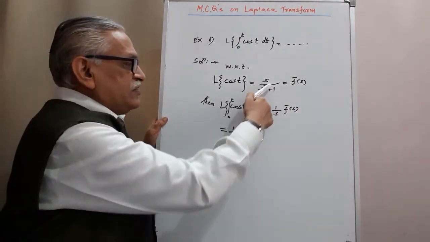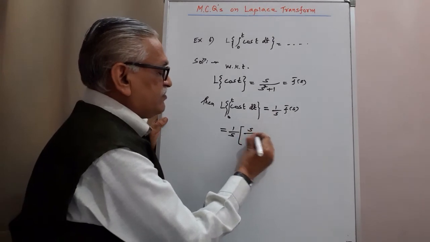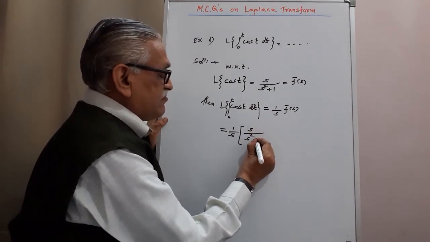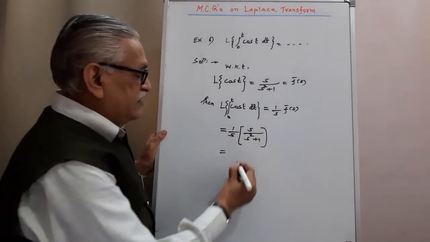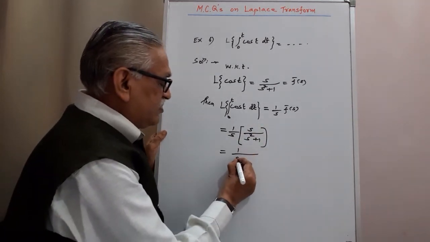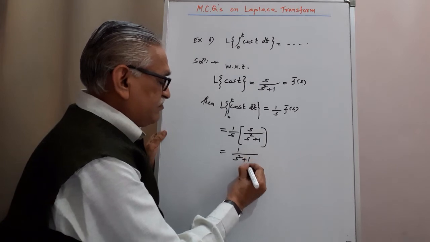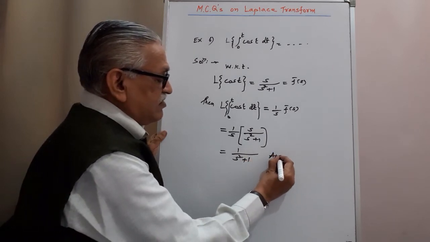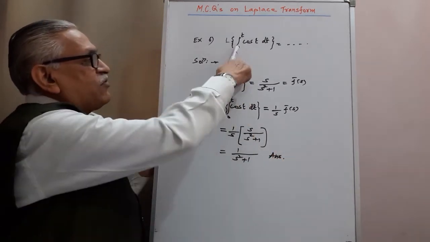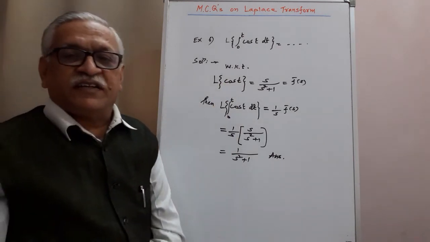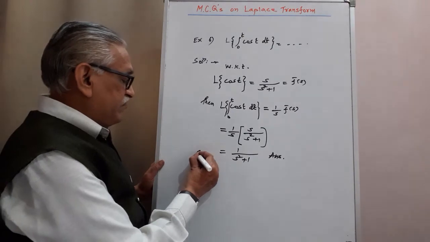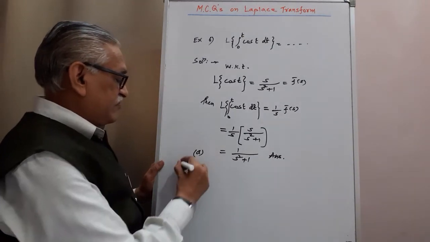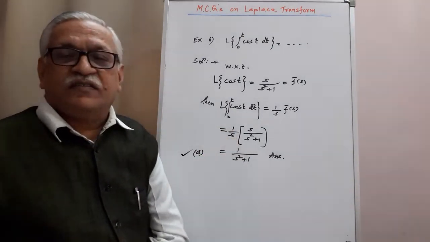The value of f bar of s is s upon s square plus 1. S gets cancelled, and we get the answer 1 upon s square plus 1 as the Laplace transform of that integration of cos t. Option A is the correct option.